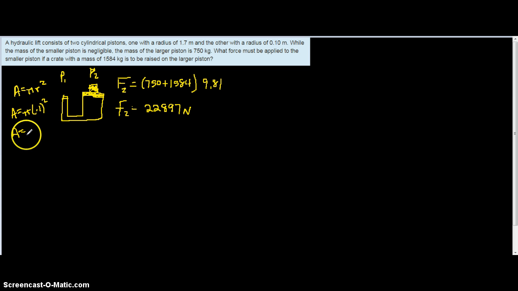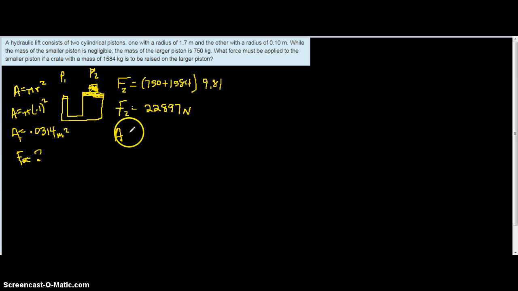So you're dividing pi by 100. So basically, you get 0.0314 meters squared for what we'll call area 1 over here. I want to know what force is required on this side to move this mass.